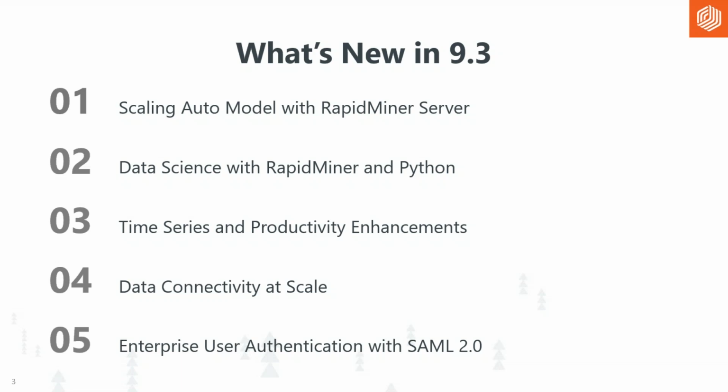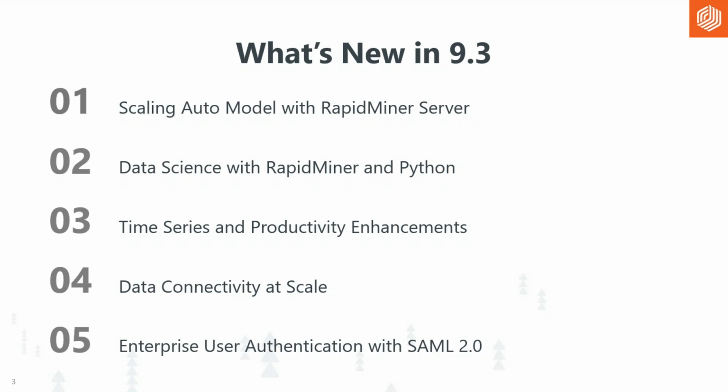So it couldn't scale up to the large amounts of data you might have, or be sped up by using a powerful architecture at the back end. This is what we address with RapidMiner 9.3.